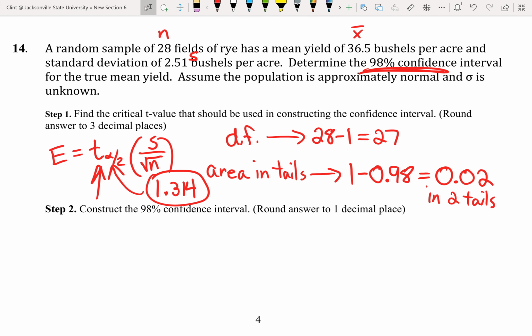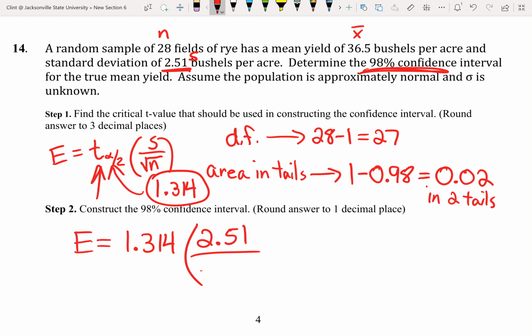Step 2 says make the confidence interval. So we've got to finish our margin of error formula. So we know the critical t is 1.314 times our sample standard deviation, 2.51, divided by the square root of our sample size, which was 28.